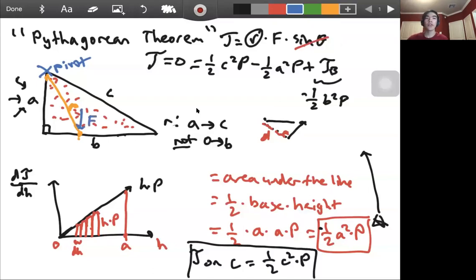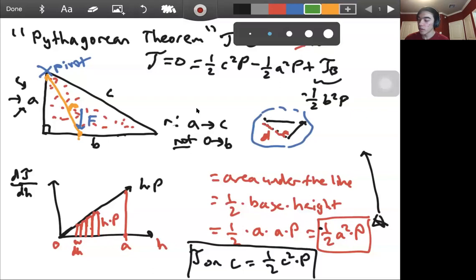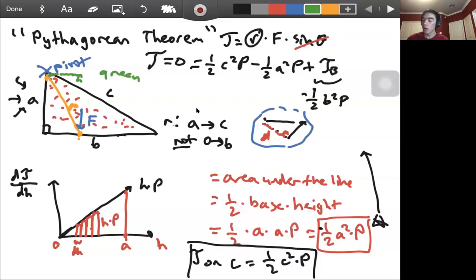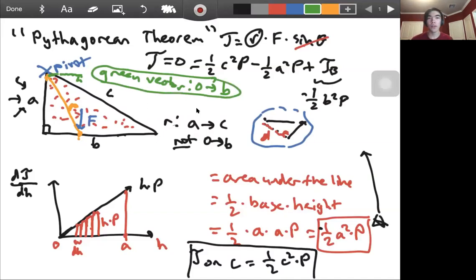So if you note here, the blue vector and the orange vector are not at 90 degrees. So we can actually apply this by taking a perpendicular. And how that works is the perpendicular will be here. And if you note, this green vector actually starts at 0 and makes its way to B, because it just goes along the line parallel to side B. So using this green vector, it's exactly the same as the other sides.